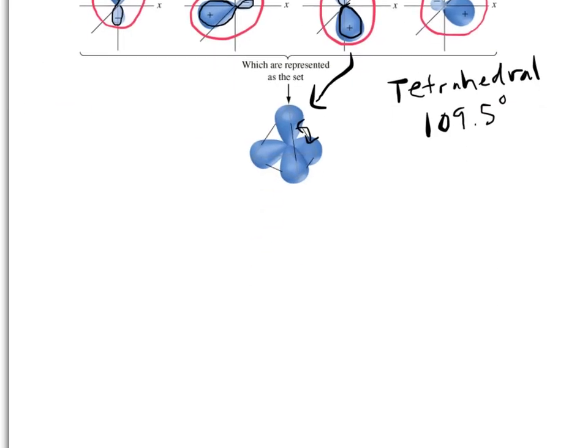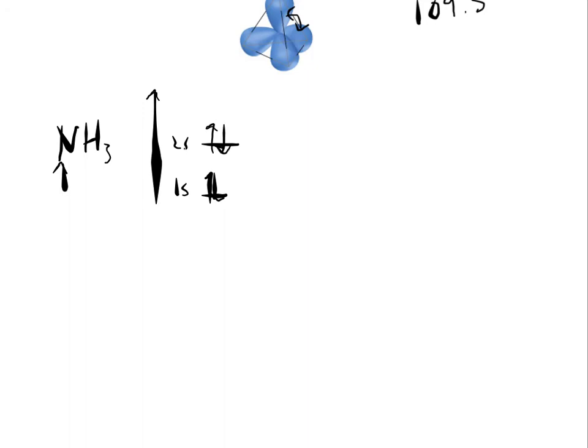Let's talk about another example. Okay, NH3, ammonia. Okay, if we drew the electron energy diagram for ammonia, we know nitrogen has 7 total electrons, 5 valence. So 1s, and the 2s, 2 electrons, and then in the 2p, it would have 3 electrons like so.